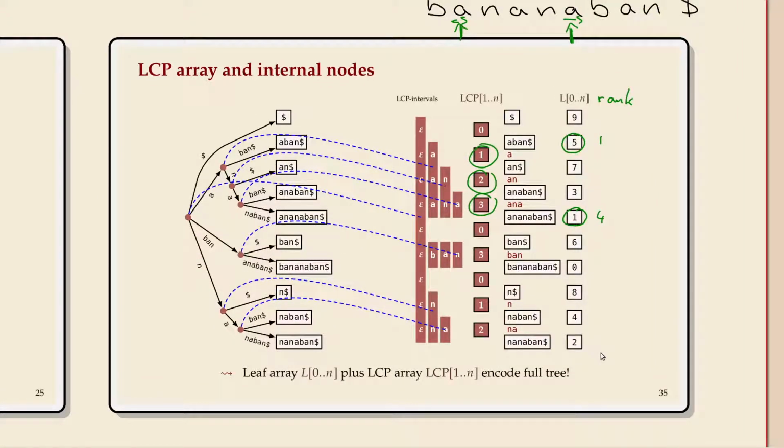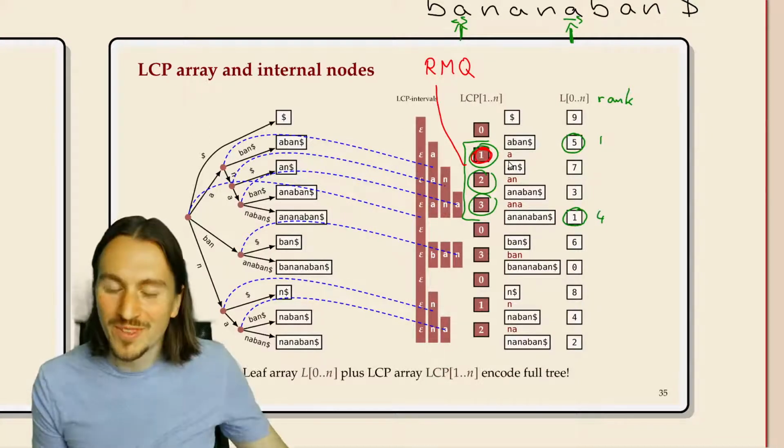Okay. And now the cool thing is I take this range and find the range minimum query in that range, the smallest value in that range, which is 1. And 1 is also the answer. We have 1 character overlap between these two things.